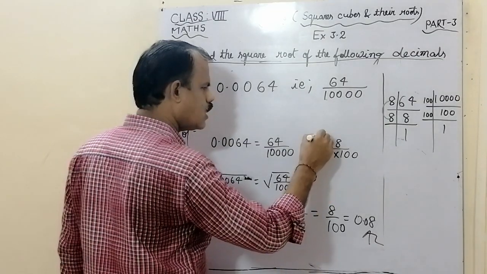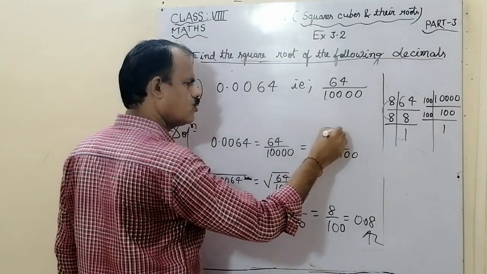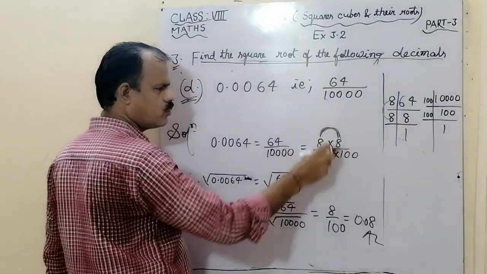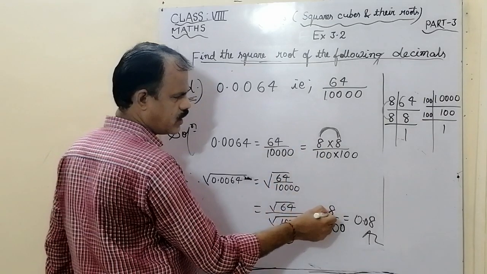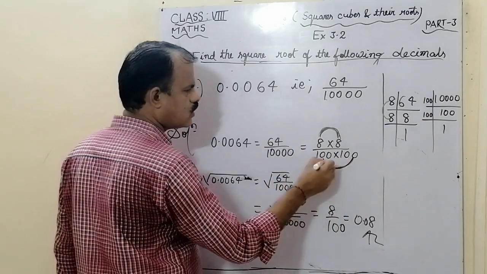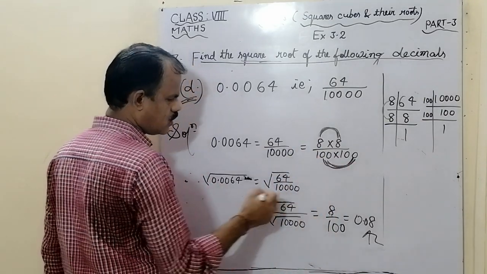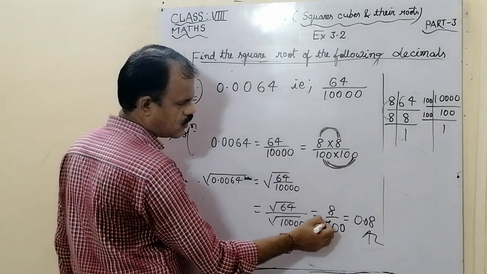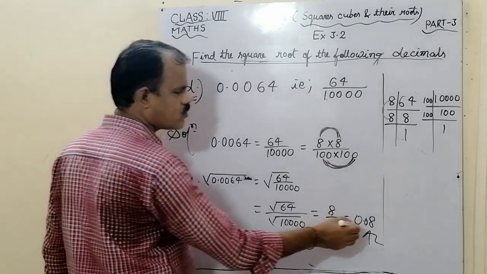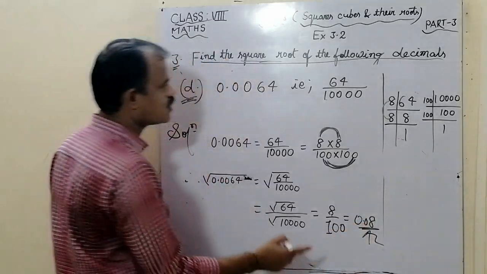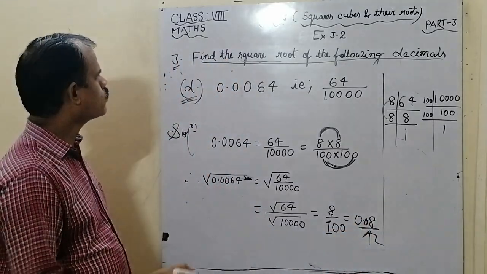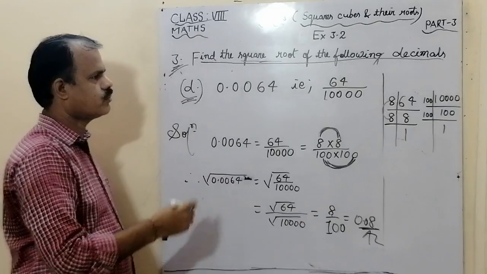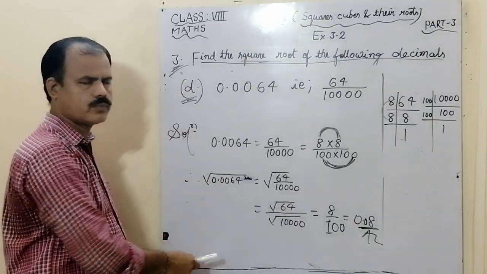So here you see 8 into 8. One pair is there, so we remove one factor. So 8 is there. 100 into 100 pairs are there. So in the square root 100 is there. We write 8 upon 100, which becomes 0.08, and this is the final answer. You have to solve the remaining part like that. Okay.